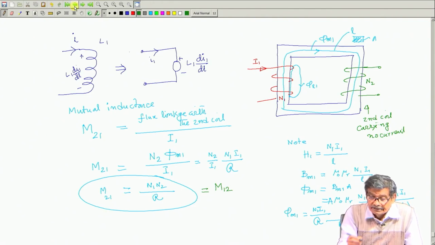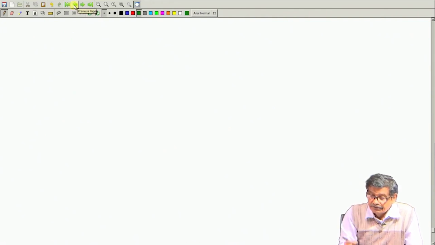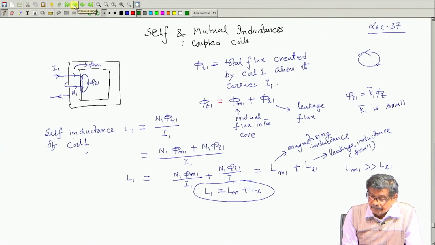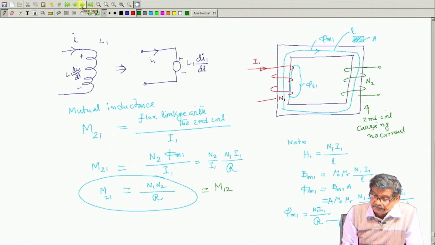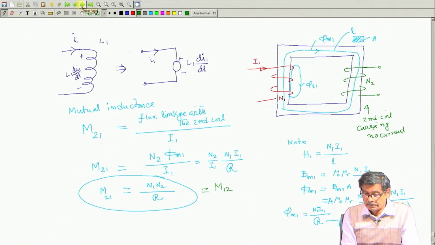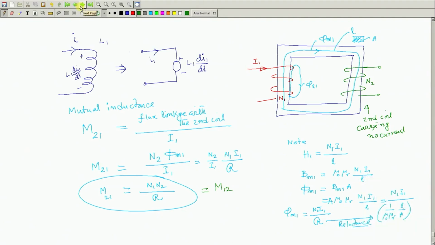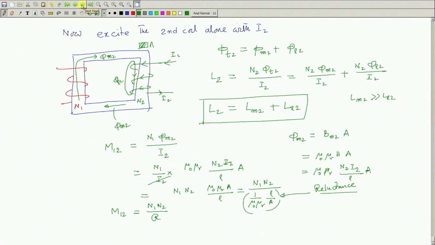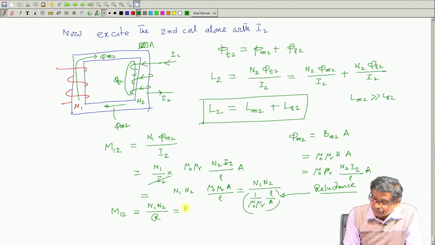Was there any inconsistency in the suffix of M12? M21 indicates the flux linkage in the second coil when the first coil carries current, and M12 the flux linkage in the first coil when the second coil carries current, and we find that this is equal to M21, as it has to be.